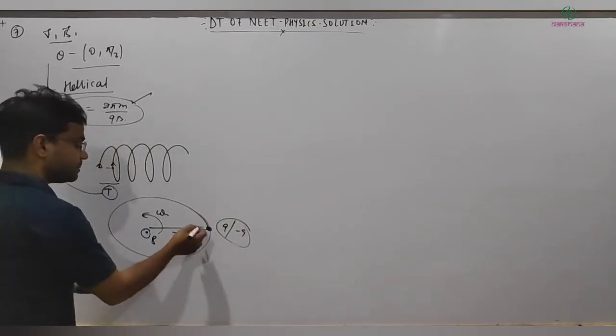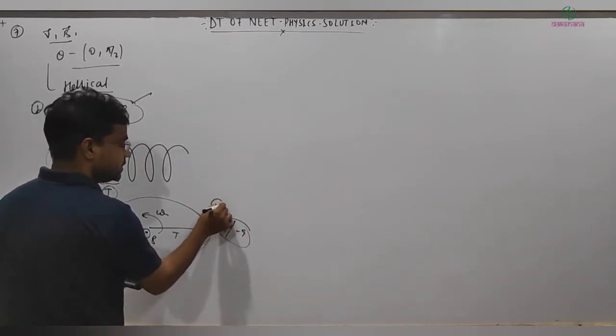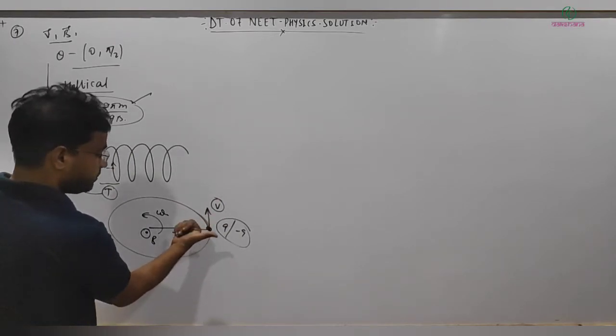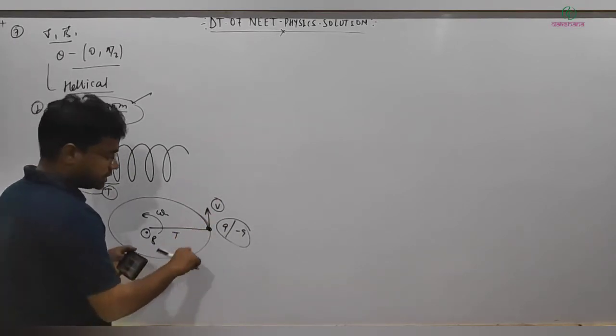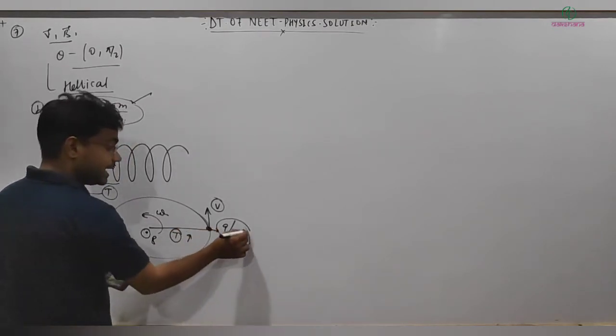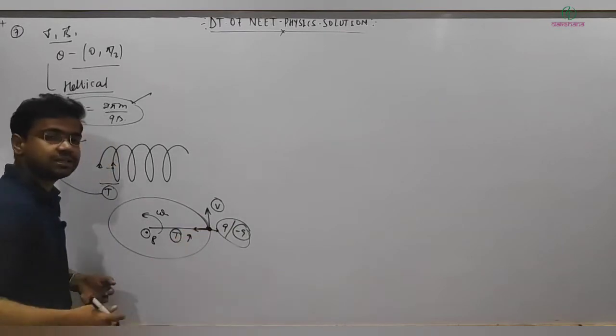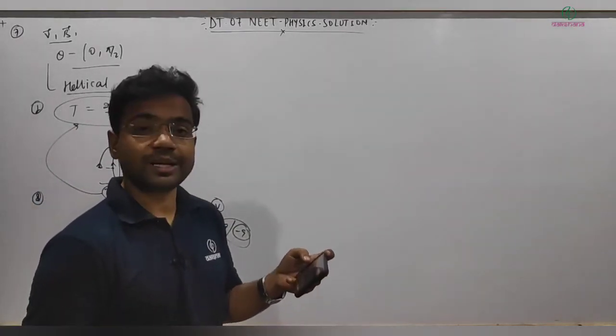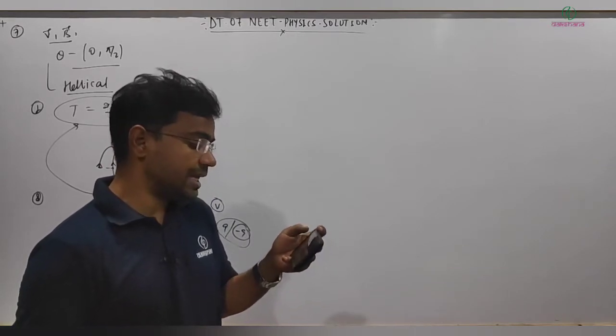Now remember that it's not mentioned whether the charge is plus q or minus q, nothing is given. So at any moment of time, let's say the velocity vector is v, then I can write the force on this charged particle is q v cross B. If the charged particle is positive, the force will be in this direction, and tension will increase. If the charged particle is negative, then it will be just the opposite and tension will decrease. Because it's not mentioned whether the charge is positive or negative, it may increase or decrease.